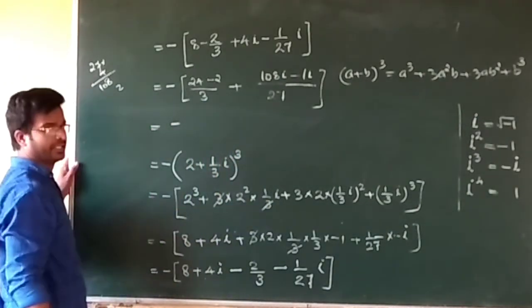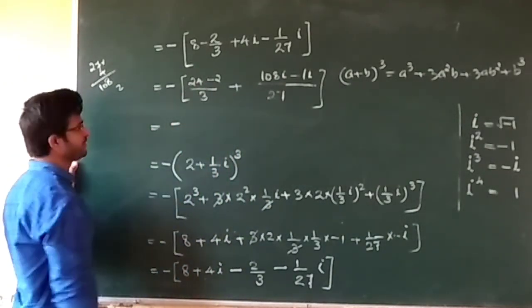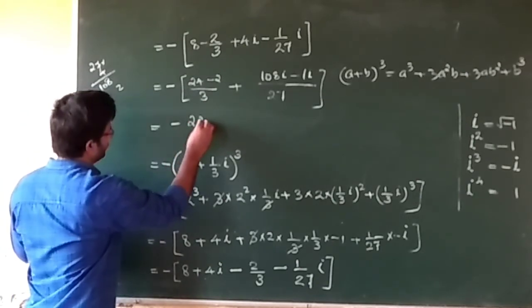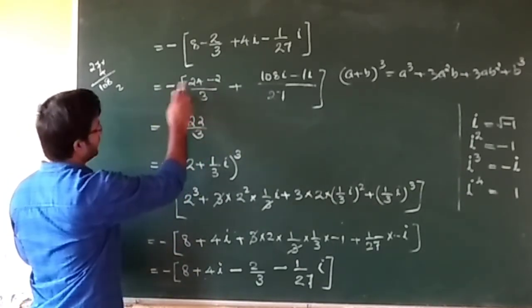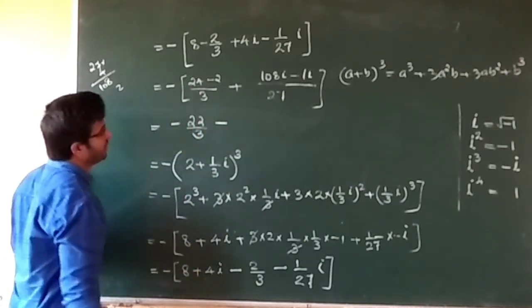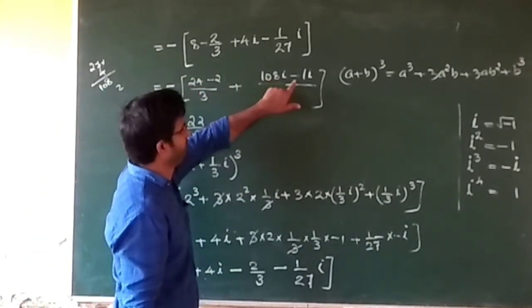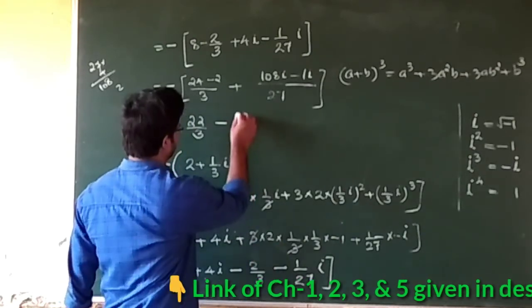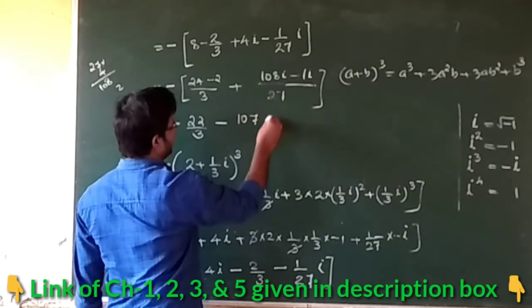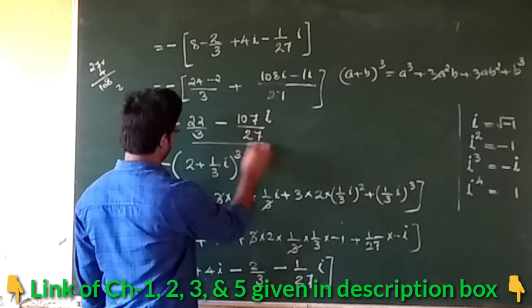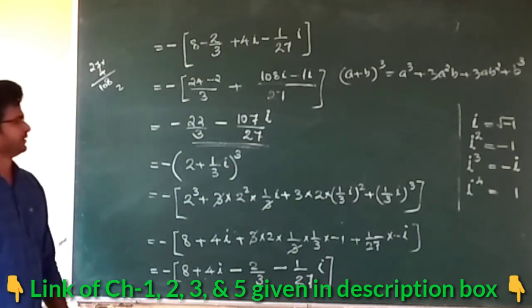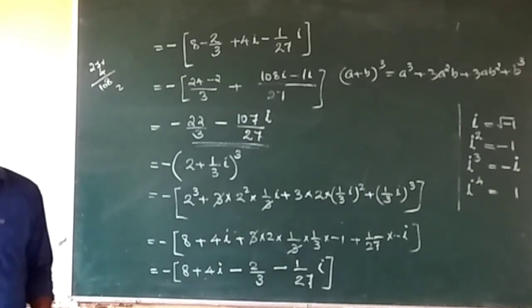This minus we can give inside. 24 minus 2, 22 by 3. This minus i given in here. Here also minus into plus is minus. 108 minus 1, that is 107i divided by 27. This is our required answer. Just pause the video and write it down in your notebook.